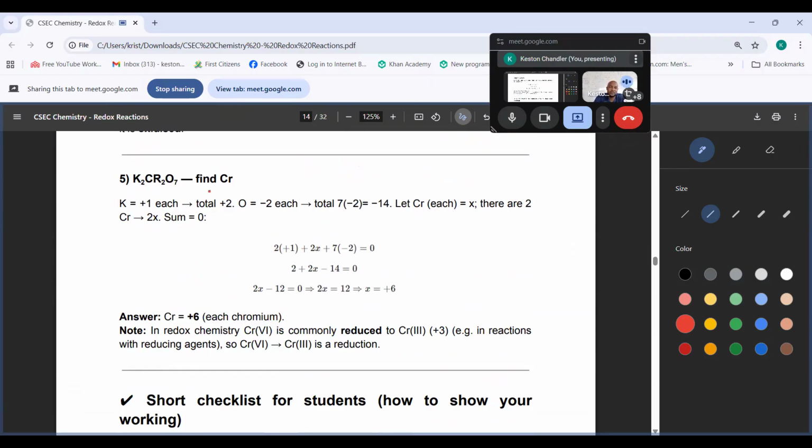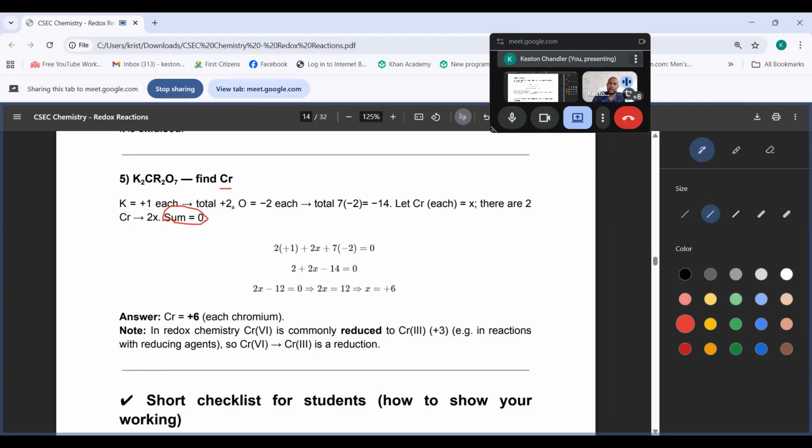This is potassium dichromate, and we want to find chromium. Now, the total compound is 0. Sum of the entire thing is 0. Now, potassium is a group 1 metal, so we know that is going to be +1.